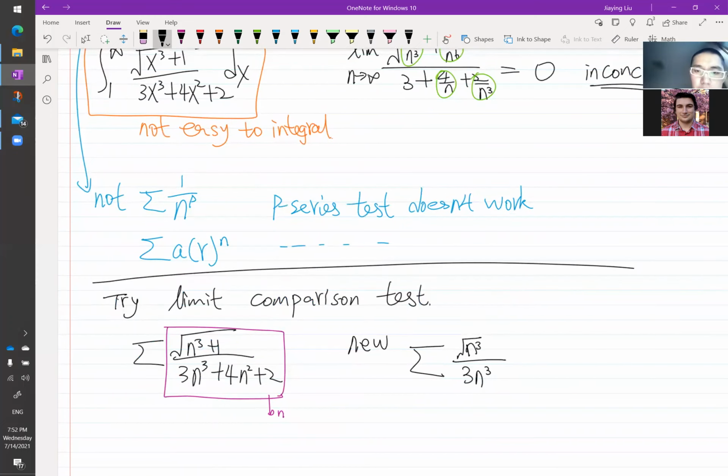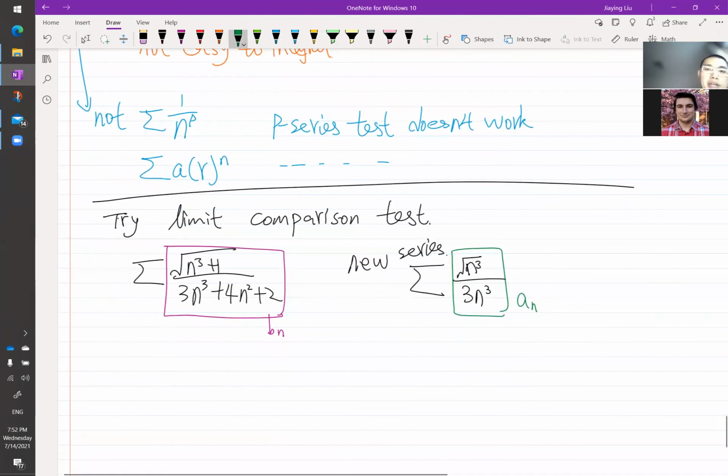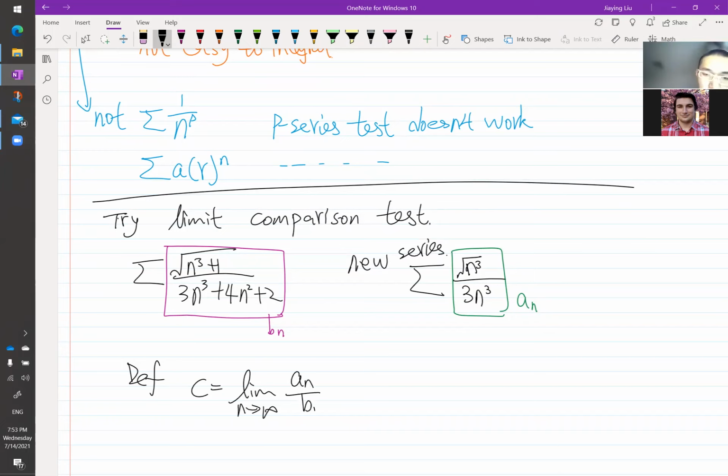So that's the new series, and then this one I'm going to call an. It doesn't matter which one is which. For the limit comparison test, we need to define a C, which is the limit as n goes to infinity of an over bn, I believe.